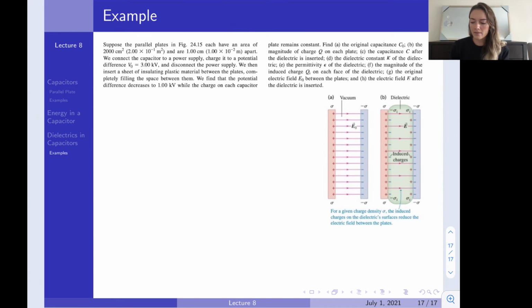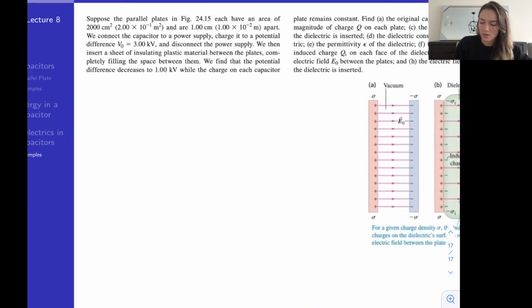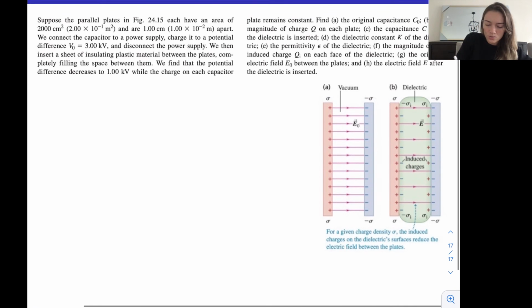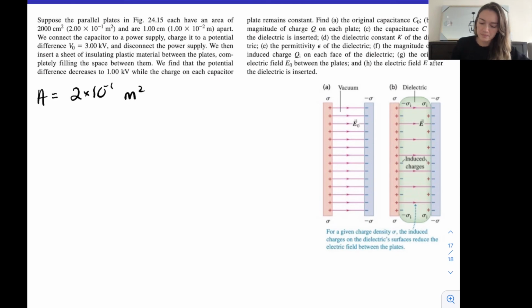So here we have a parallel plate capacitor with a dielectric. The plates have an area of 2,000 centimeters squared, so let's write that down right away: the area is 2 times 10 to the negative 1 meters squared.